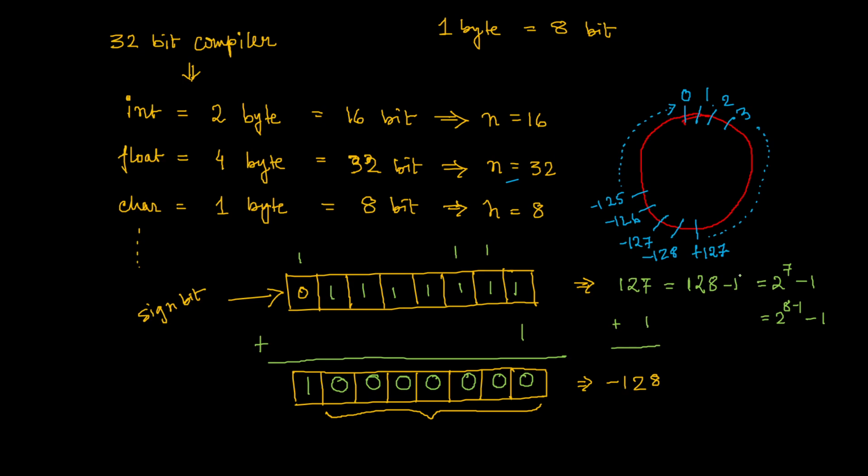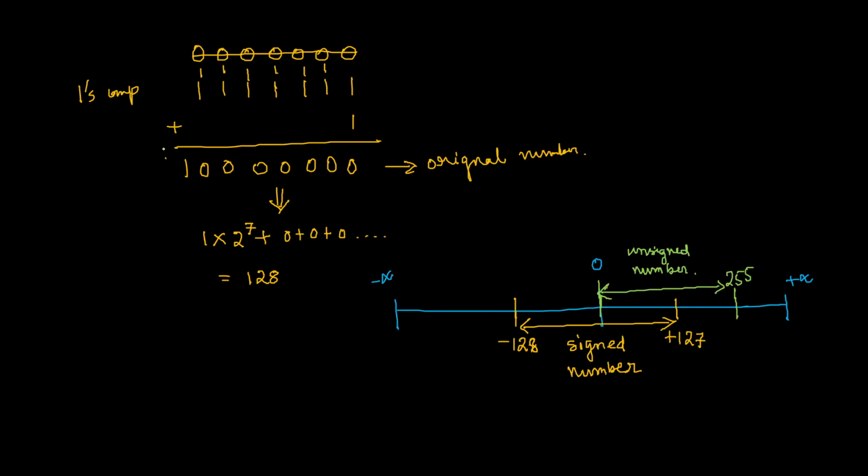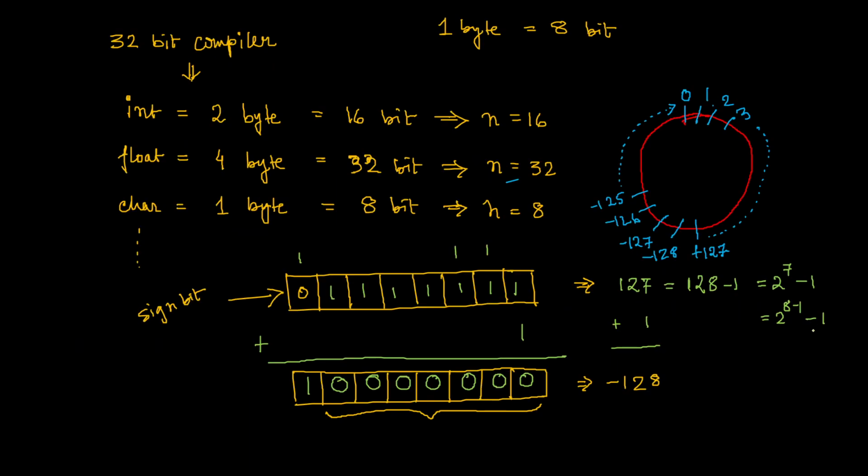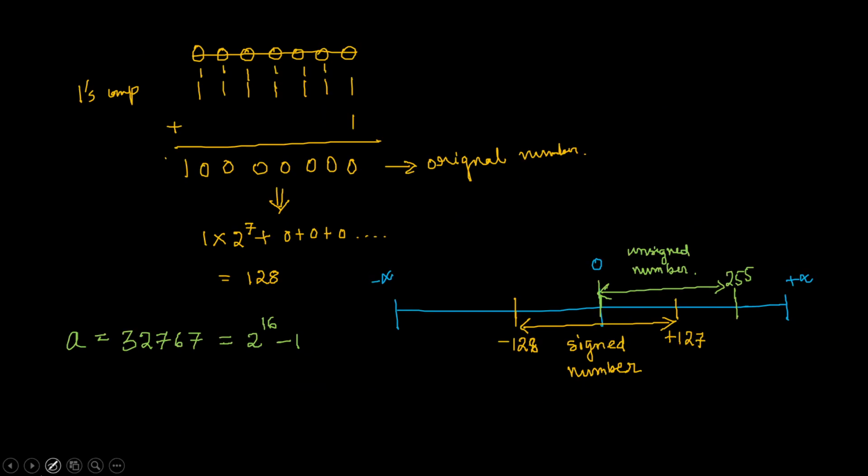So that means if it is true for character data type, it must be true for int data type also. It is true for float also. That means if someone tells you that suppose a is an integer variable and it is storing say 32,767, why this number? Because this 32,767 means actually 2 to the power 15 minus 1, because in case of signed number we have seen it is 2 to the power n minus 1, I'm sorry, 2 to the power 15 minus 1.